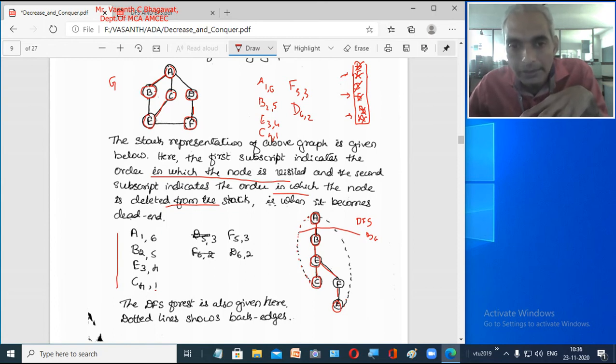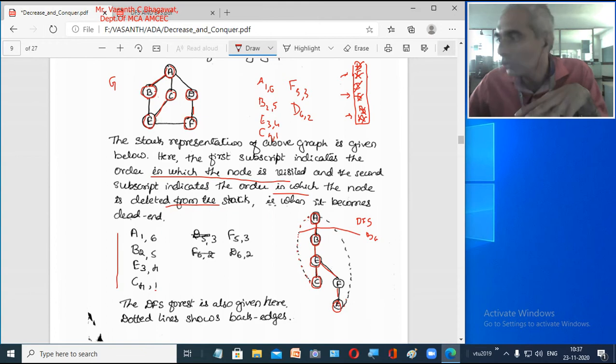Now if you have just constructed this and you look into your graph, now you will see that from A to B there is an edge, B to E an edge is there, E to C an edge is there, right? Now you are going to draw this from A to C, right?